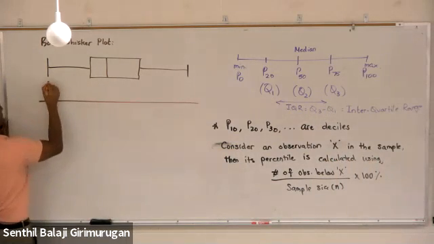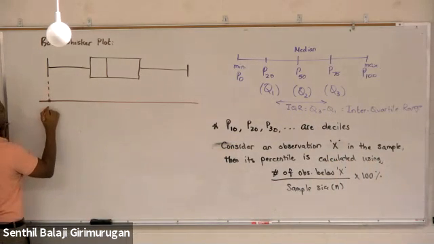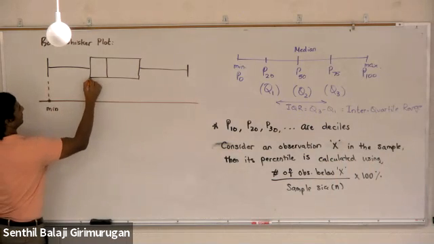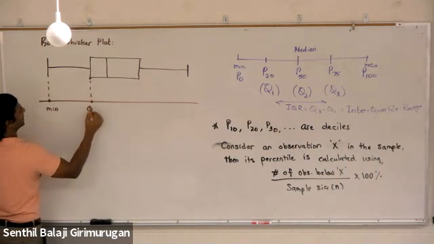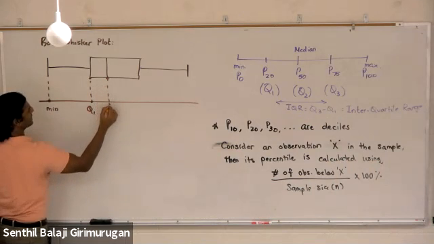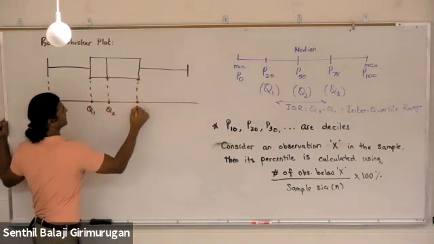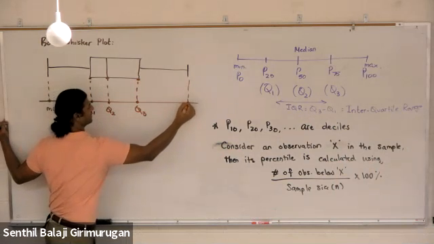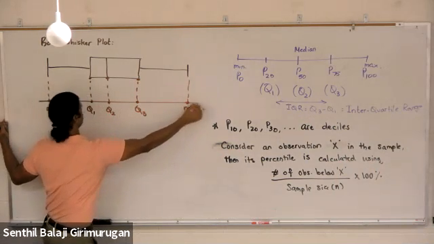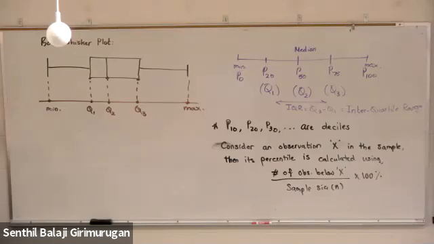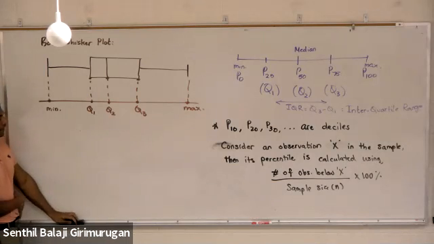So the first number, minimum, right there, quartile 1, there, quartile 2, quartile 3, maximum. That's what I call the 5-number summary. Very creative because it has 5 numbers.